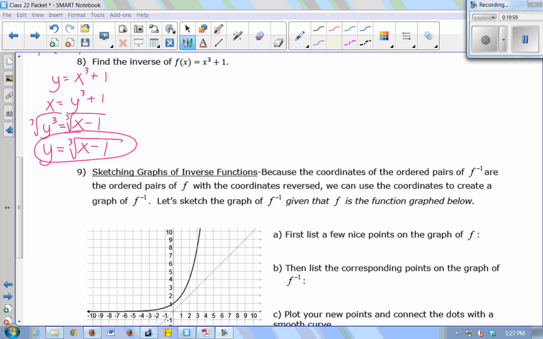And if we were to graph x cubed plus 1, it looks like that, something like that, which will pass the horizontal line test. So we know that this actually is a function. We have confirmed it two ways, algebraically and graphically.